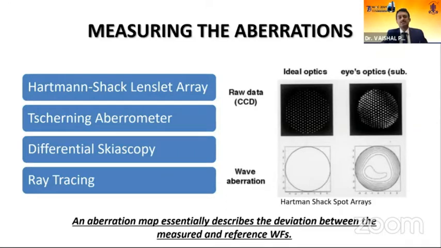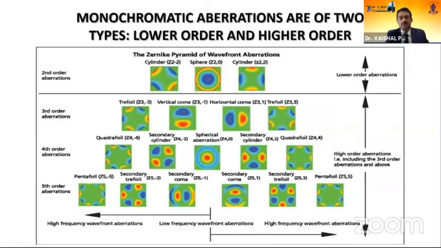Measuring aberrations, these are the various ways by which we can measure: Hartmann-Shack is the most popular one, Scheiner's, differential skiascopy, and ray tracing. This is a Zernike polynomial map, which has broken the wavefront down into small components by which we can understand the complex wavefront in a better fashion. From third order onwards, we usually go up to the sixth order, beyond which it is not that important.